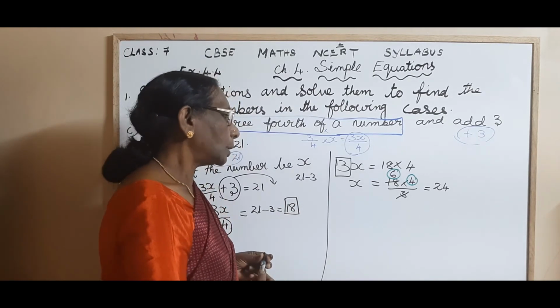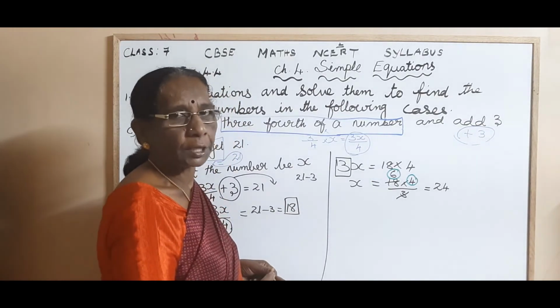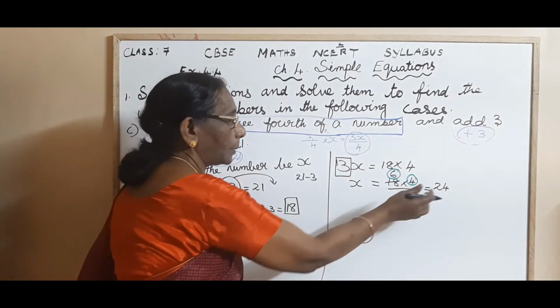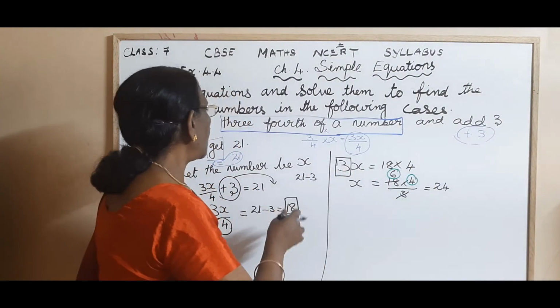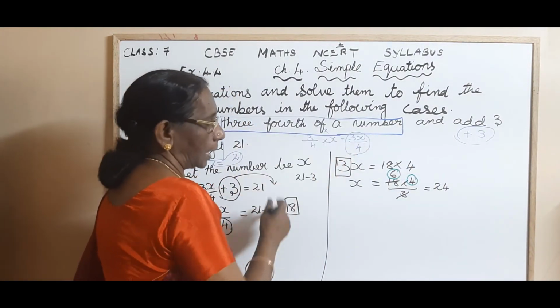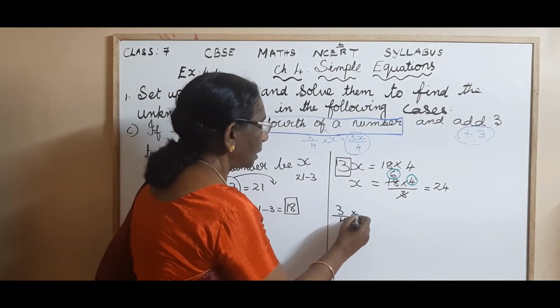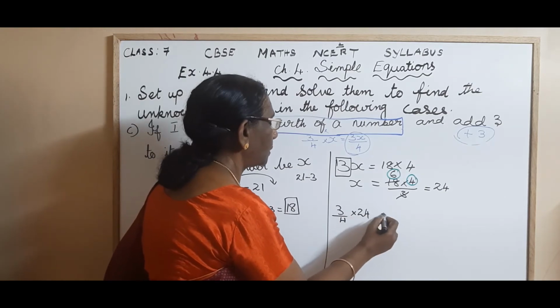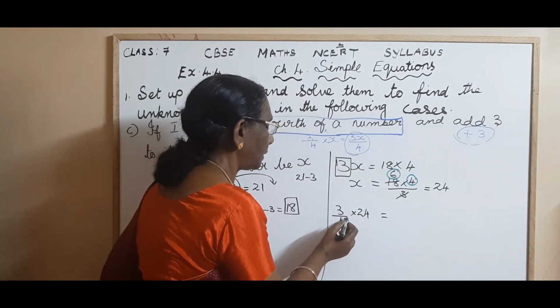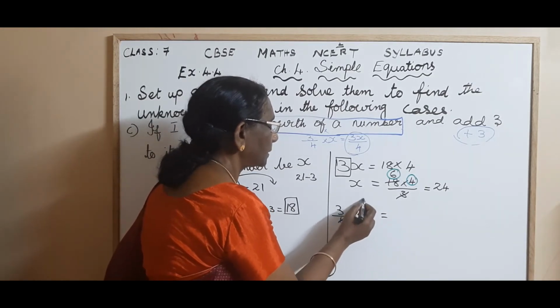Okay, children? So now let us check whether our answer is correct or not. You are getting the number as 24. So 3/4 of the number is 3 by 4 into 24. Simplify again: 4 goes 6 times.